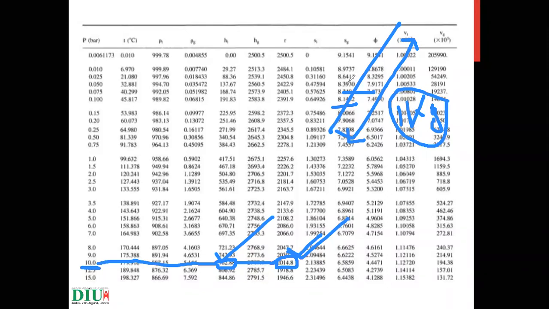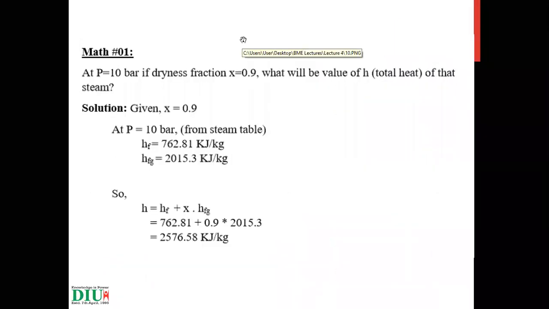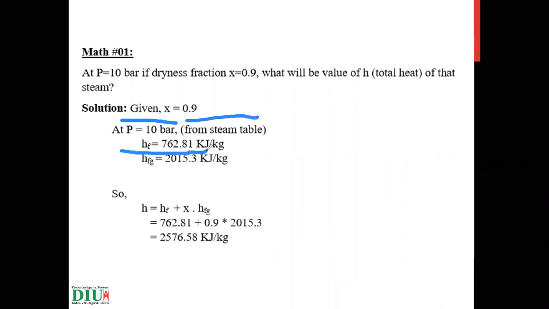Okay, so now come back to the previous slide. You can see, my student, it is written here. This type of mathematics is very easy. You have to get the value from the steam table. So at P equals 10 bar from the steam table, hf equals 762.81 and hfg equals 2015.3 kilojoules.